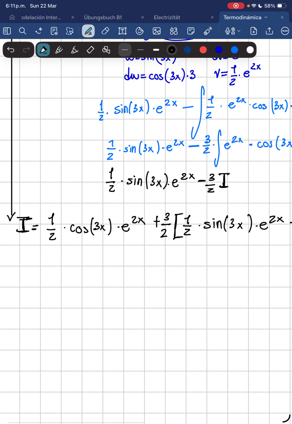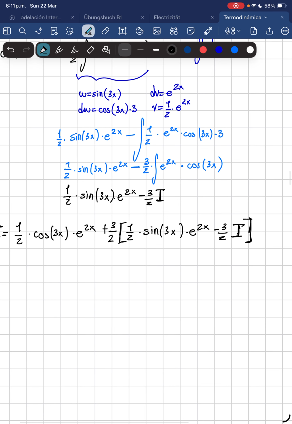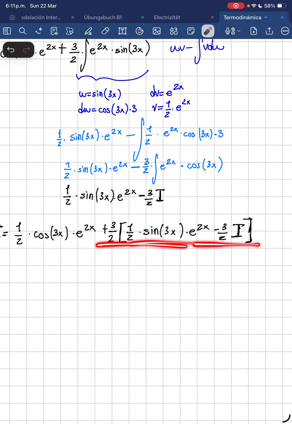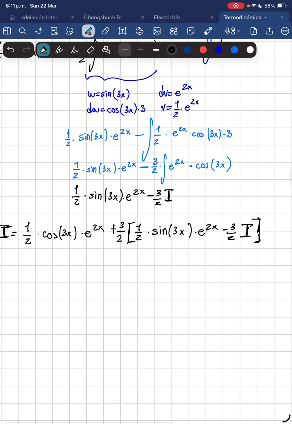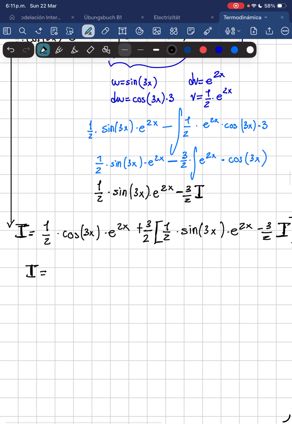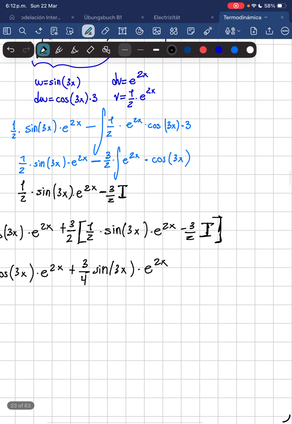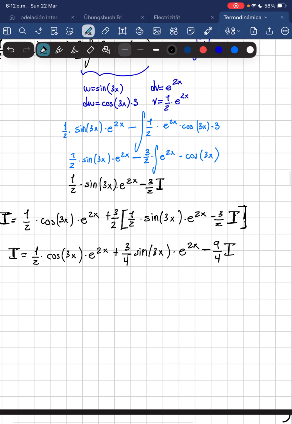And okay, I think we're gonna start solving this part over here. So I equals this first part stays the same, plus multiply these terms, and these ones right here, and we just got this expression right here.